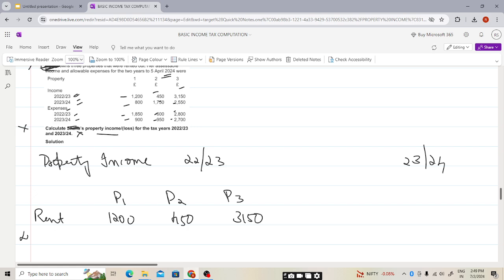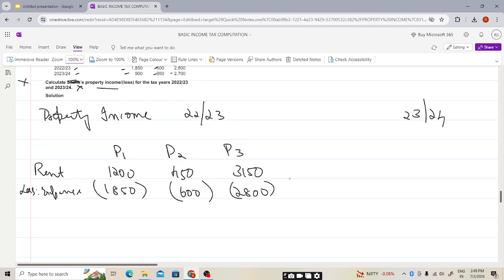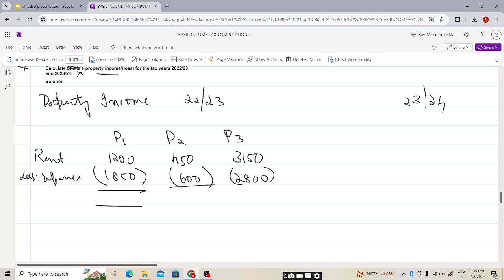Now less expenses. What are the expenses? 1850 pounds, 600 pounds and 2800 pounds. Now this will give rise to our property income.